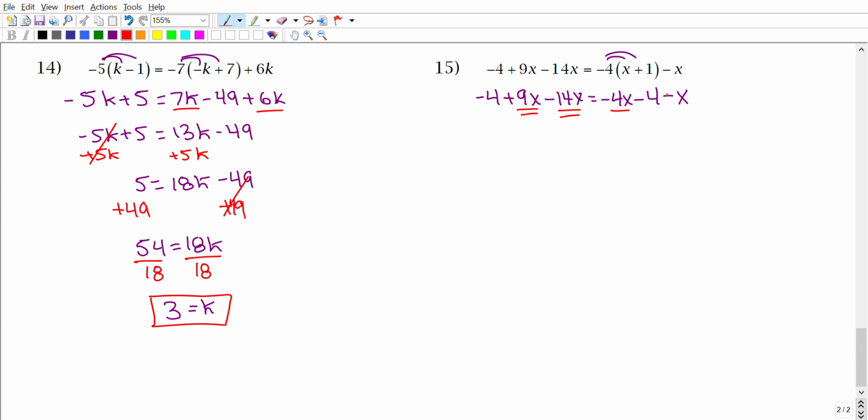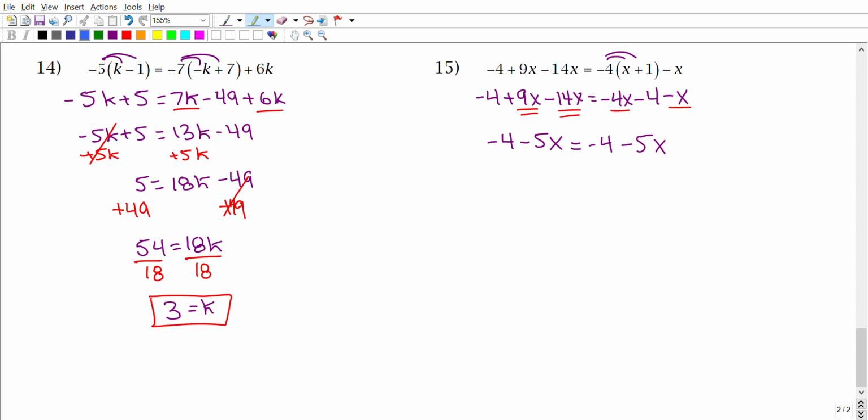And on the right-hand side, I can combine those two. So let's see what I get. I get negative 4 minus 5x. Then I get negative 4x, negative 4, and then negative 4x minus x is a negative 5x.